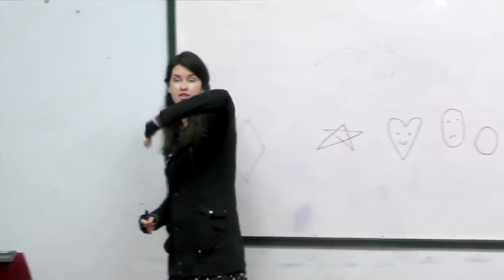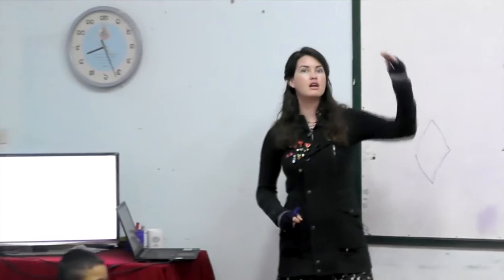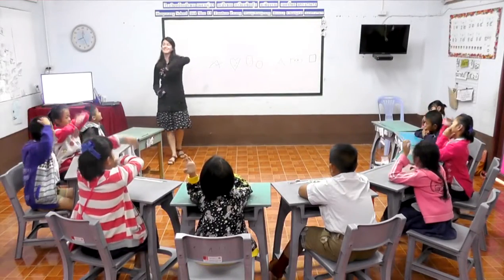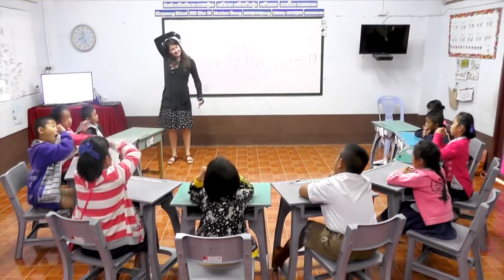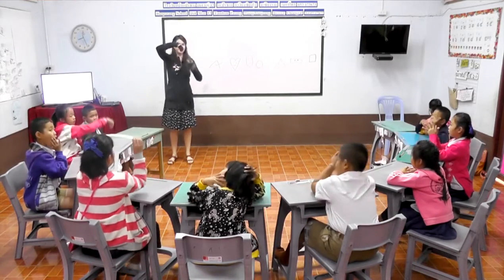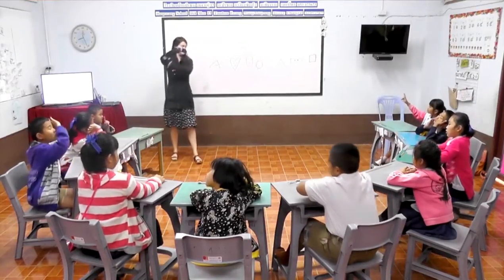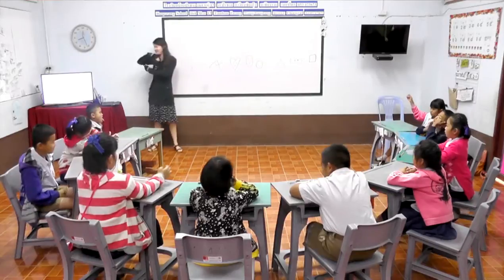So show me a curve with your hand. Curve. Good. Yeah, like this. Like a curve in your ruler. Very nice. So a circle has a big curve all around.